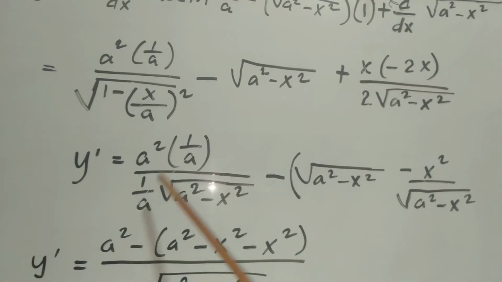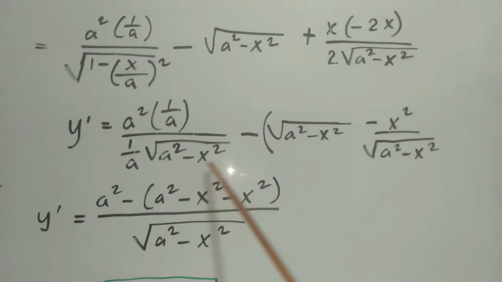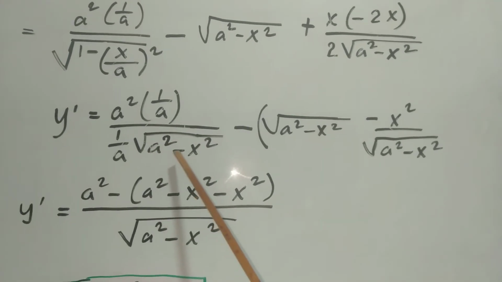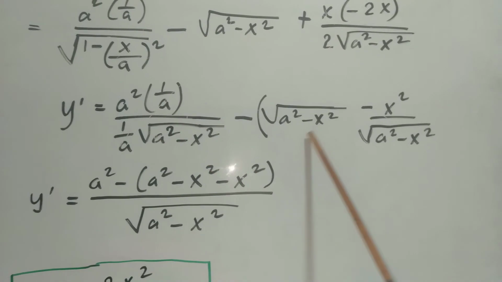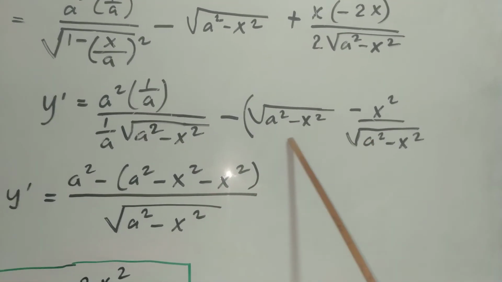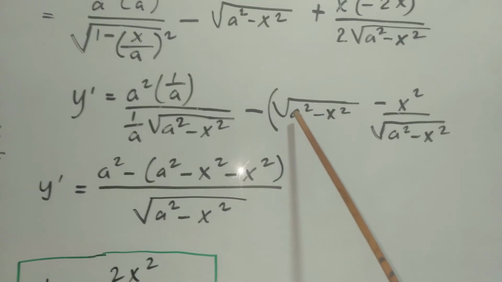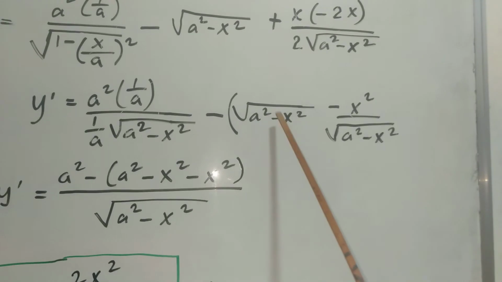So we get the LCD. This one cancels out, and the 2 cancels out also. The LCD is the square root of a squared minus x squared. If we multiply this term here by the LCD, this one becomes the whole term a squared minus x squared.